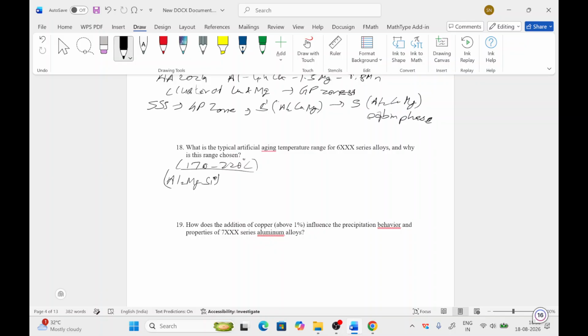So at this temperature, the GP zone solvus is around 226 degrees Celsius. The magnesium and silicon solubility decreases fast with decreasing temperature from 226 degrees Celsius, so generally we keep the temperature at 170 to 220 degrees Celsius, so the magnesium and silicon atoms can diffuse effectively to form the GP zones.